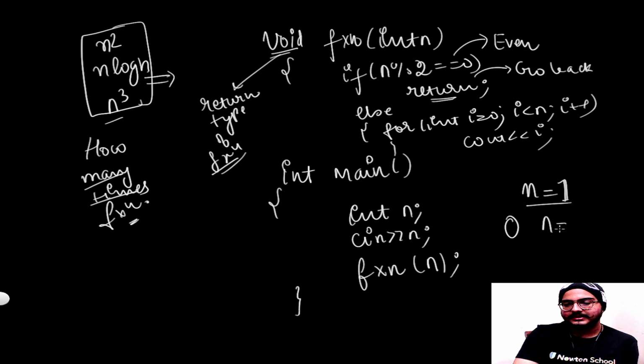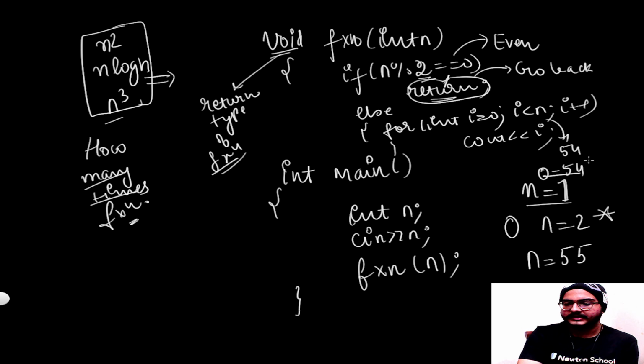Now I say n equals 2. This is an even number, so the return will be executed, and we will come out of this particular function, and nothing will be done. Let's say that I send n equals 55, which is an odd number. This loop will run 54 times, and 0 to 54 will be printed on the screen.